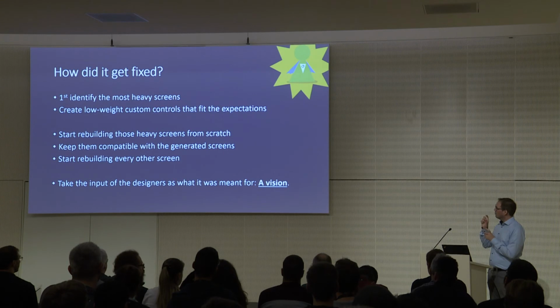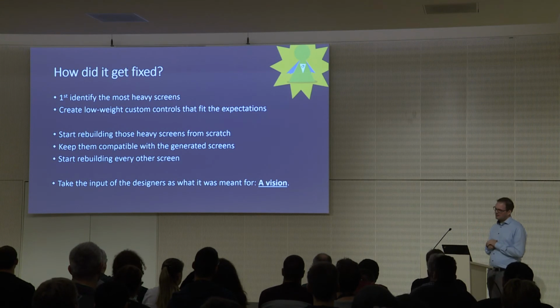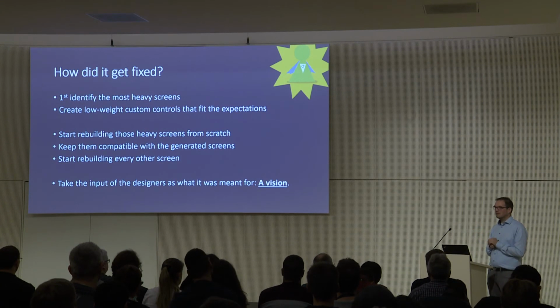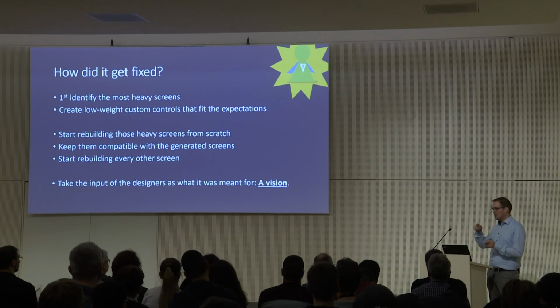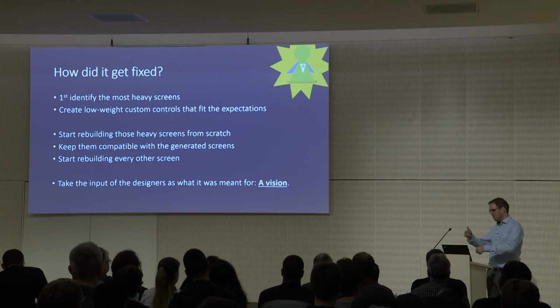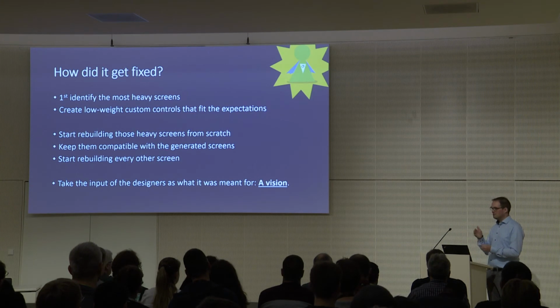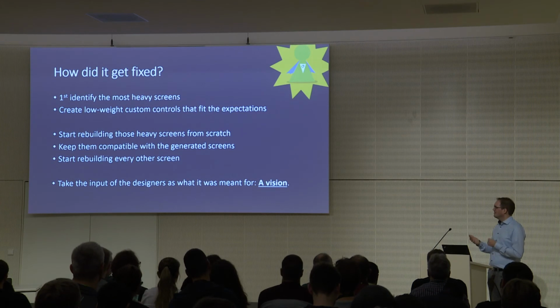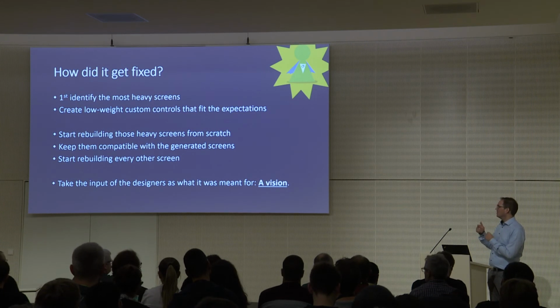But we always had to stay compatible to the generated screens, because the OEM at this point in time didn't know about all these actions. They didn't really care, but it might have been a complicated situation if they had known that the tier 1 is actually doing this.